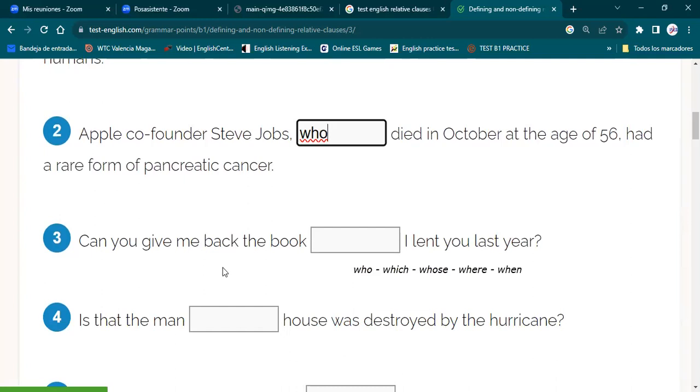Maria, can you give me back the book I lent you last year? I'm talking about the book. Which, because it is an object.